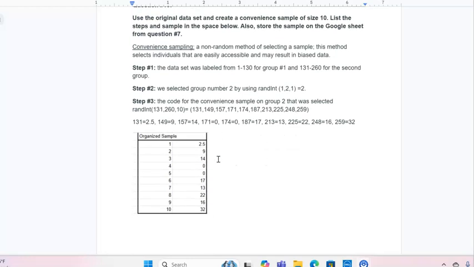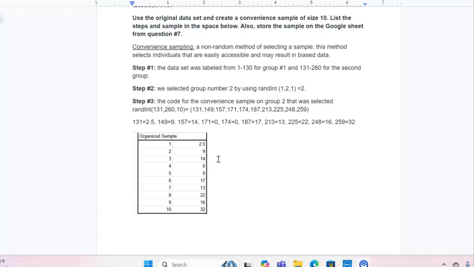Moving on to question number 10, we had to create a convenient sample with a size of 10. It's very similar to the stratified. The only difference is that we only selected one group and then took 10 values from the one group instead of both groups.